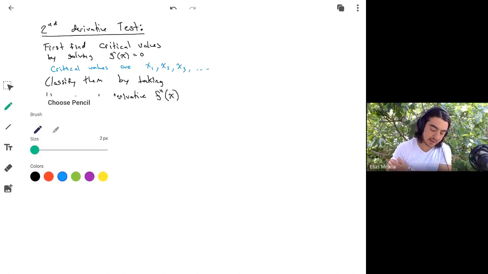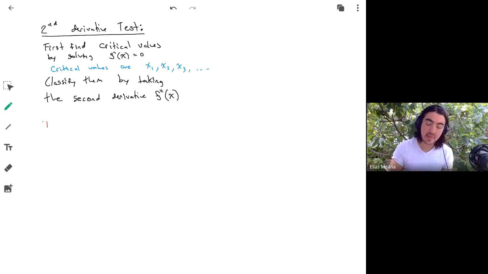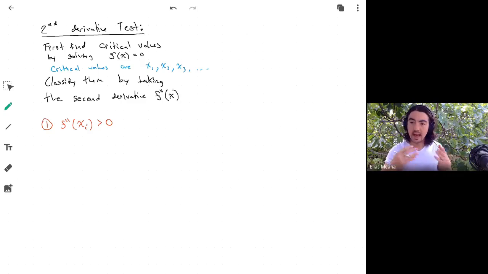And so we'll say if the second derivative of any one of these, so I'll put like an xi, this represents any of them, if the second derivative is greater than 0, then it tells us that the shape of f of x is what at that point?